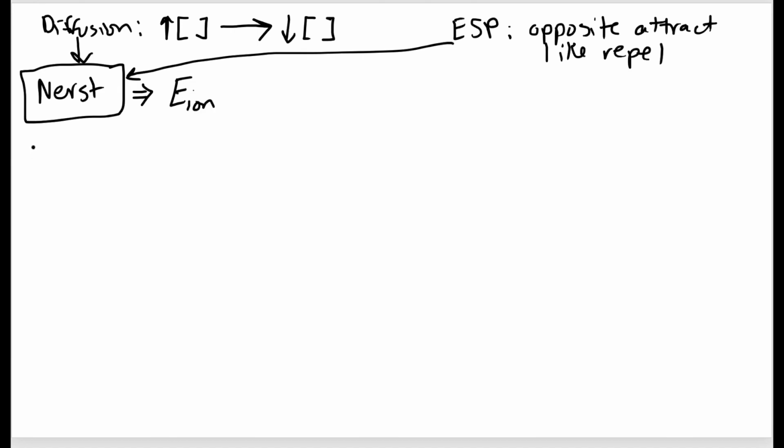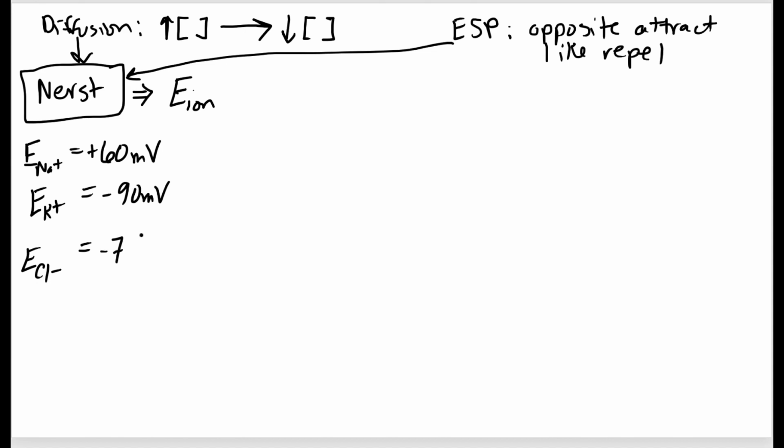We know, using the Nernst equation, that at body temperature, the equilibrium potential for sodium is about plus 60 millivolts. For potassium, it's about minus 90 millivolts. And for chloride, for the purposes of our class, we said it's minus 75 millivolts, right?